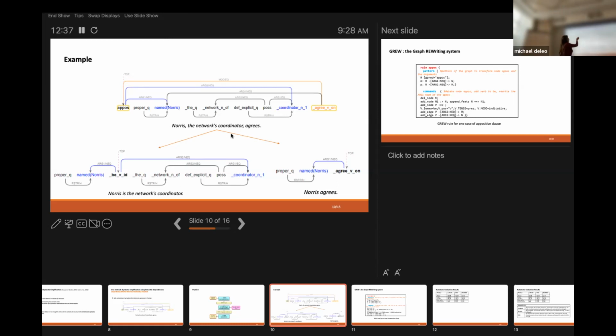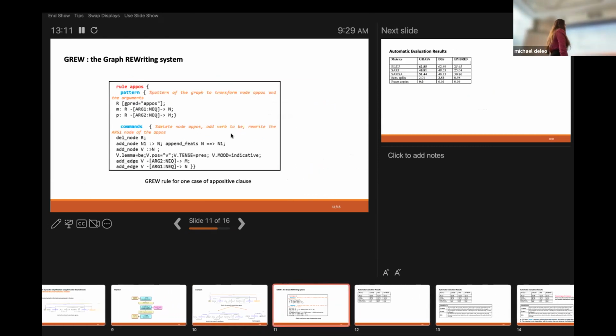So here we have to delete the apposition node, and here we add the verb. And then we change the links in order to have 2 different subgraphs, and then from the subgraphs we do the generation step.